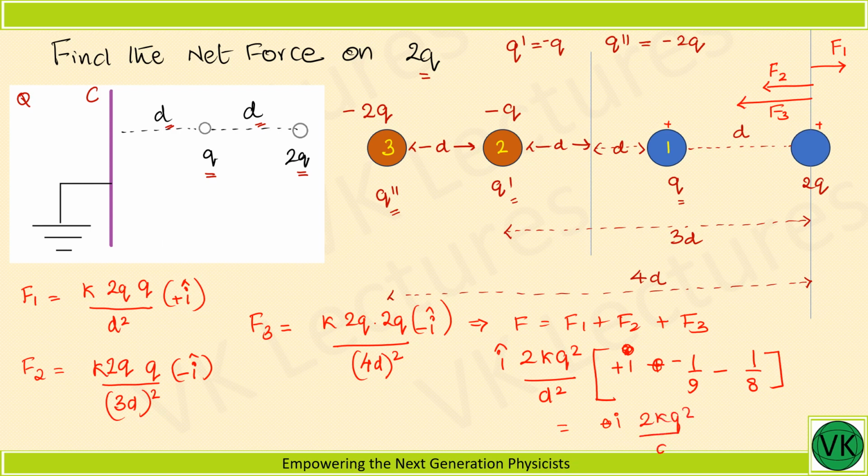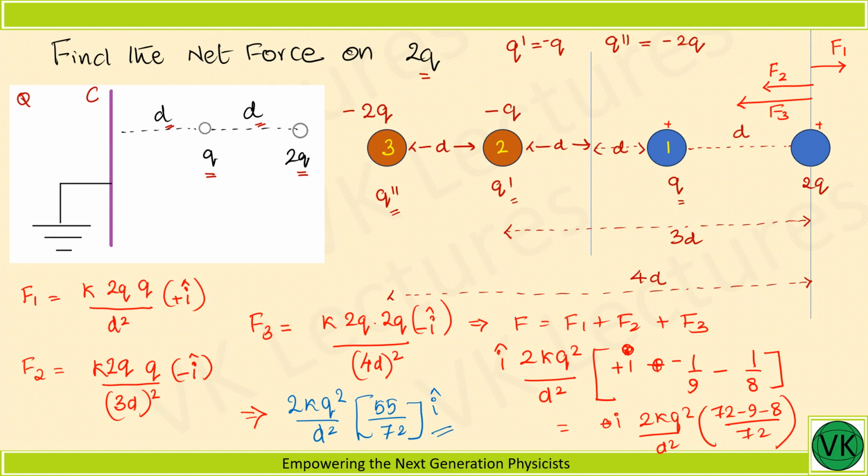So 2KQ squared by d squared into 72 minus 9 minus 8 divided by 72, which is equal to 2KQ squared by d squared into 55 by 72 in the direction of i cap.